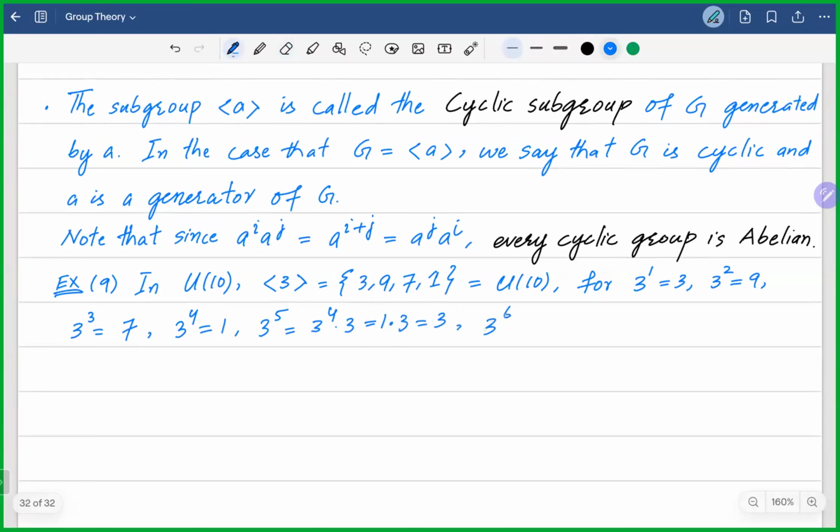Similarly, 3 power 6 is 3 power 4 times 3 power 2, which is 9, and so on.